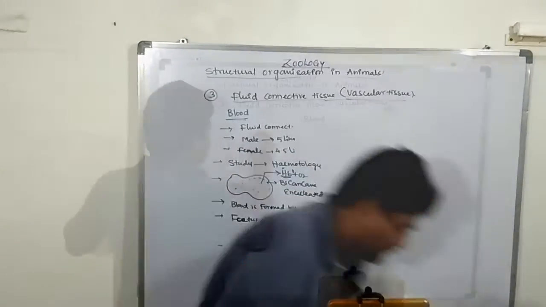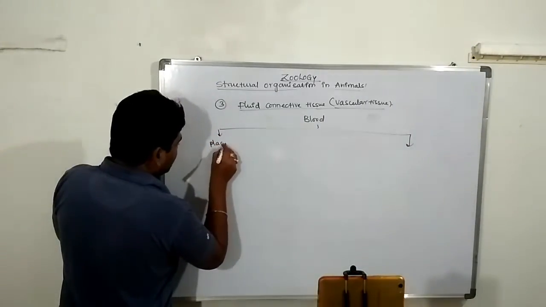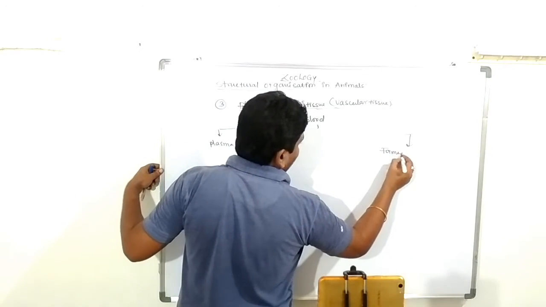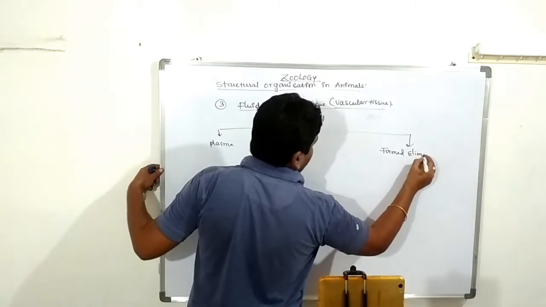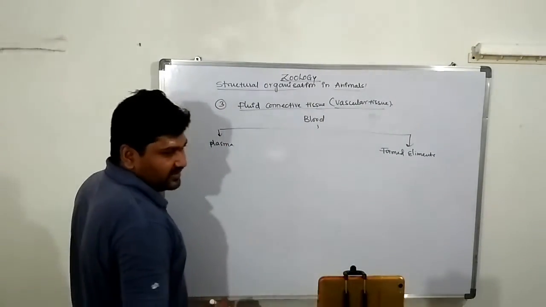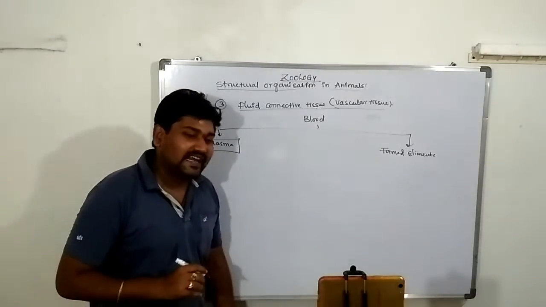Next, blood consists of plasma and formed elements. What is plasma? Plasma is a colorless fluid that looks pale yellow.